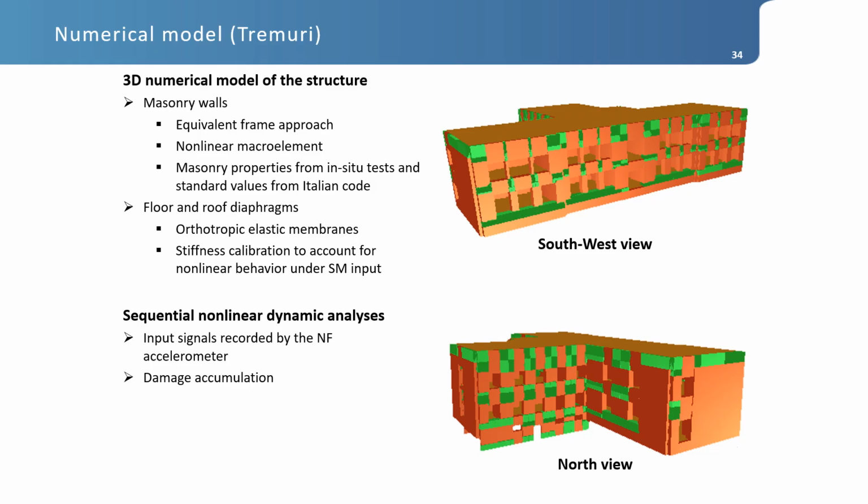We adopted the measured properties derived from the in situ test, and when missing, standard values from the Italian code. And then we implemented the floor and roof diaphragm models by means of the orthotropic elastic membranes that are present in the Tremuri program.